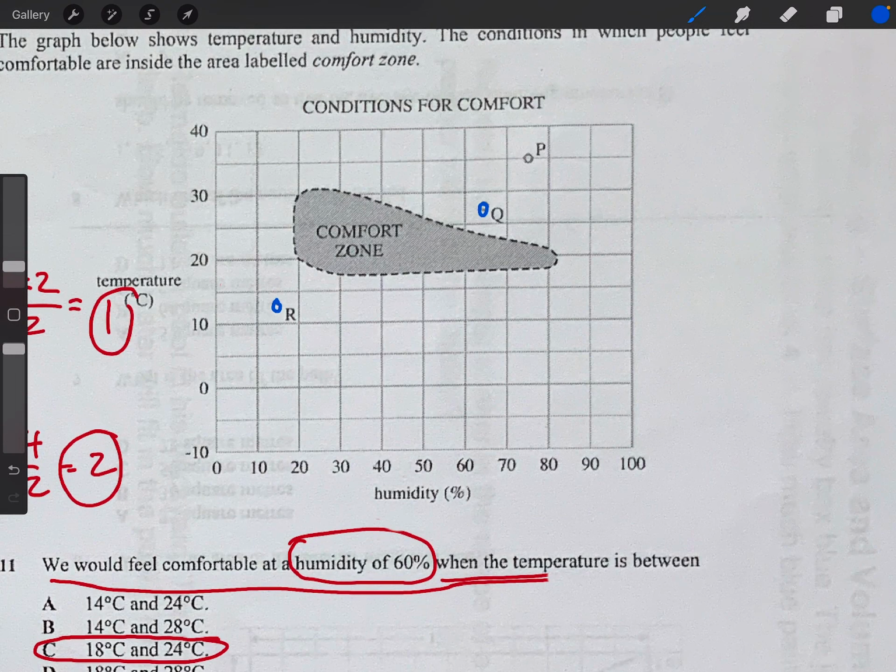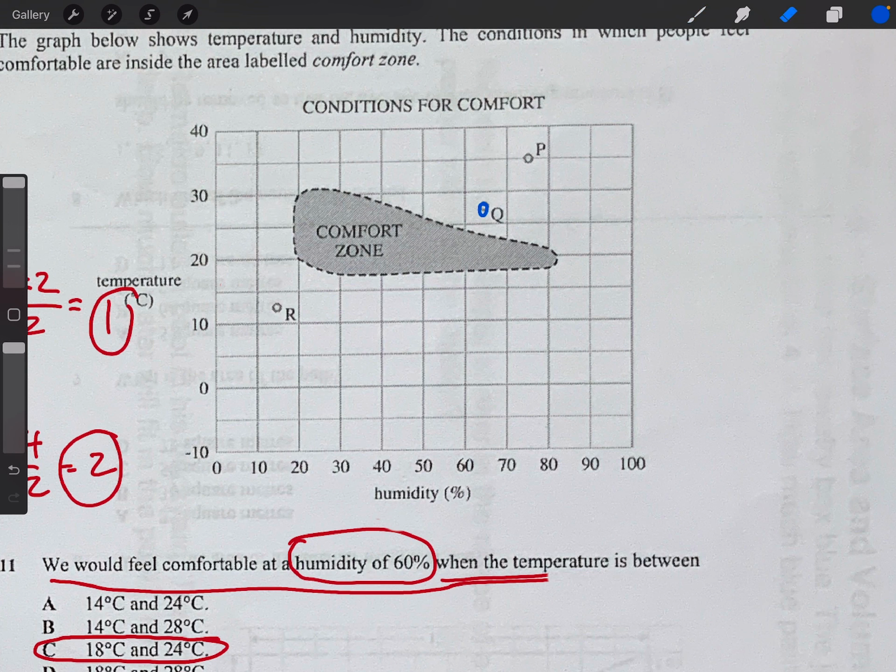Well, let's look at point R. If you change the temperature or humidity, you're still not going to get comfortable, because at point R the humidity is way too low. Doesn't matter how hot or cold it is, there's just too little humidity. It's too dry. So because it's too dry, people are not going to get comfortable regardless of what temperature you change it to.